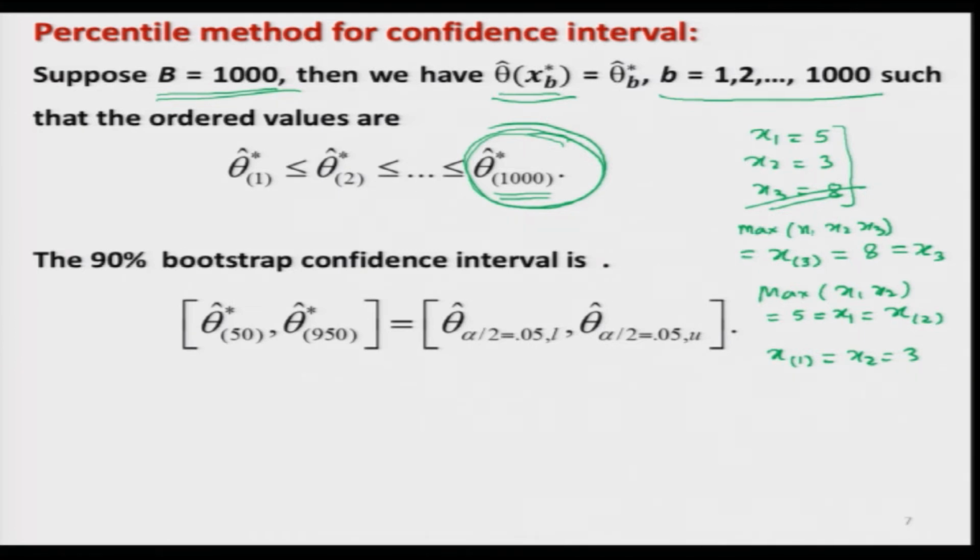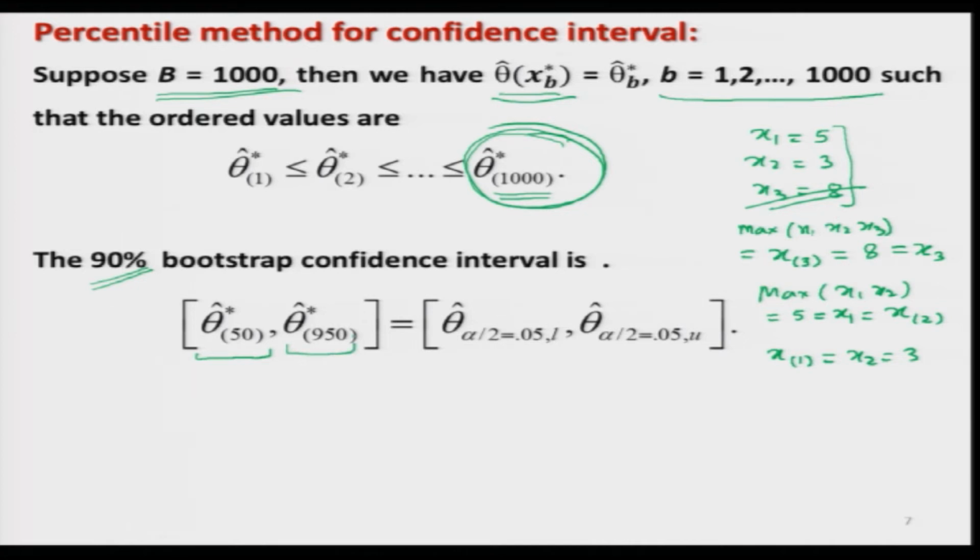So I arrange the values of theta hat star b in increasing order, and then suppose I want to construct the 90% bootstrap confidence interval. What I have to do is simply obtain the 50th quantile and the 950th quantile.